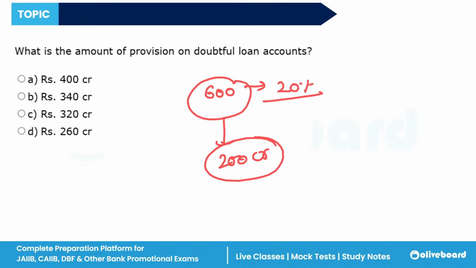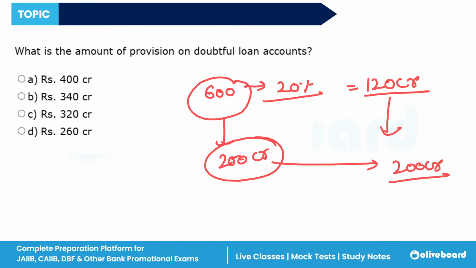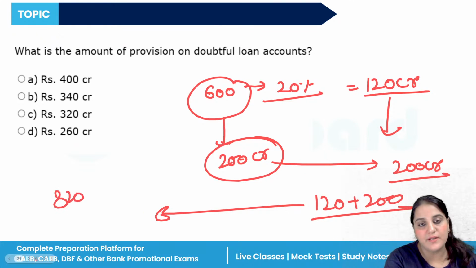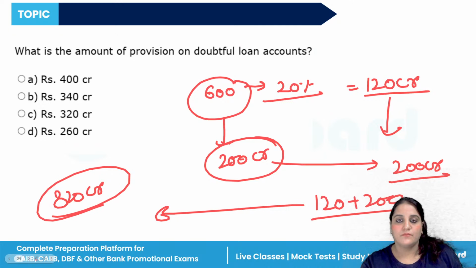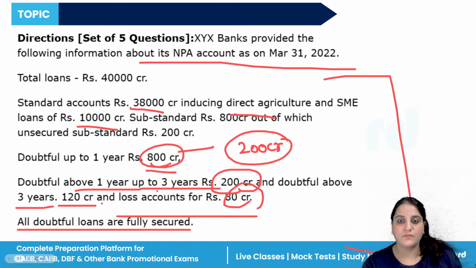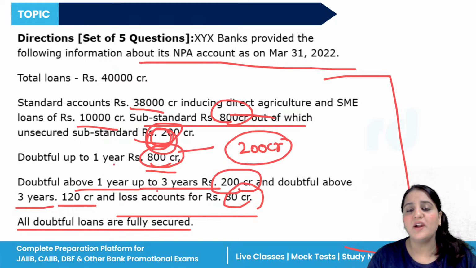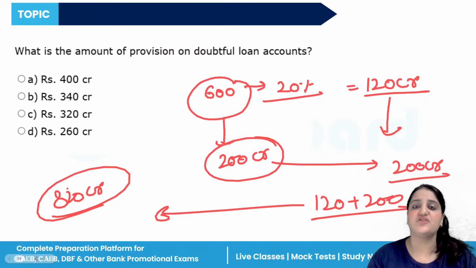When we calculate the provisions, 20% of this is 120 crore, and for the unsecured it is 200 crore. When we add them, 120 crore plus 200 crore is equal to 320 crore. Got it? So this is the solution, because they are writing 800 crore, out of which 200 crores are unsecured. This is mentioned in the question.